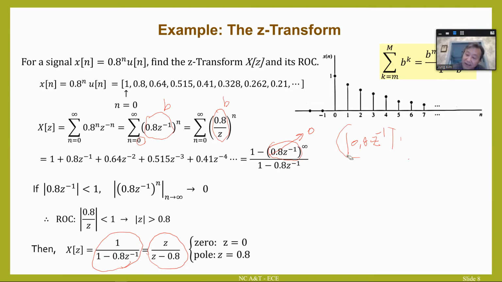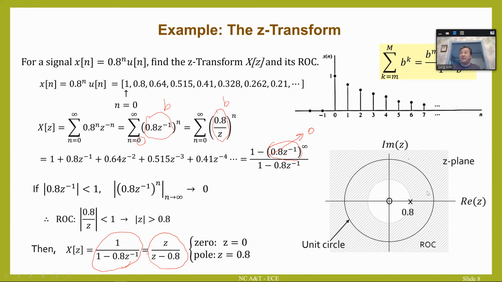Okay, so now if you look at this, the zero is marked as a circle, so this is the origin, and the pole is marked at positive 0.8, and then the region of convergence is the magnitude of z.